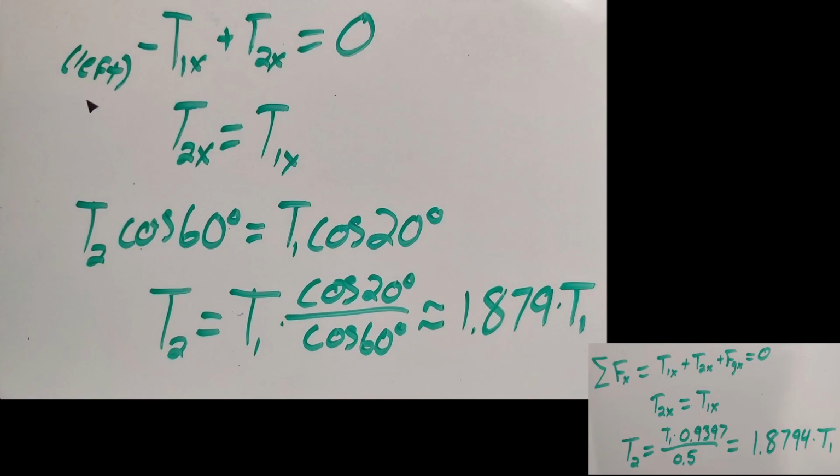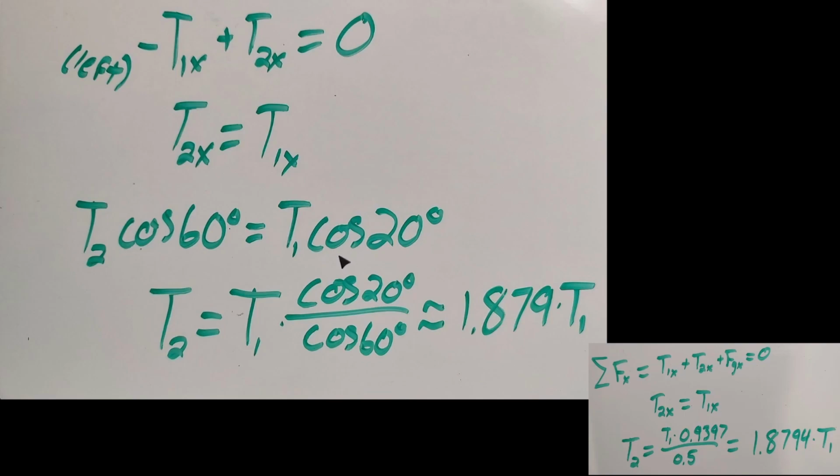And then when we start with negative T1x equals T2x, then we show that the x components are equal. And then, as we showed before, we just substitute T2x for T2 times cosine 60, and T1x is T1 times cosine 20.